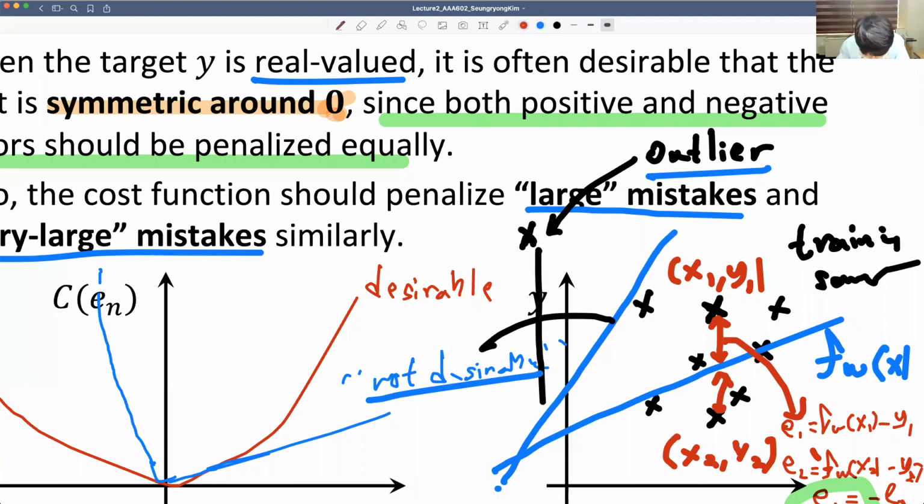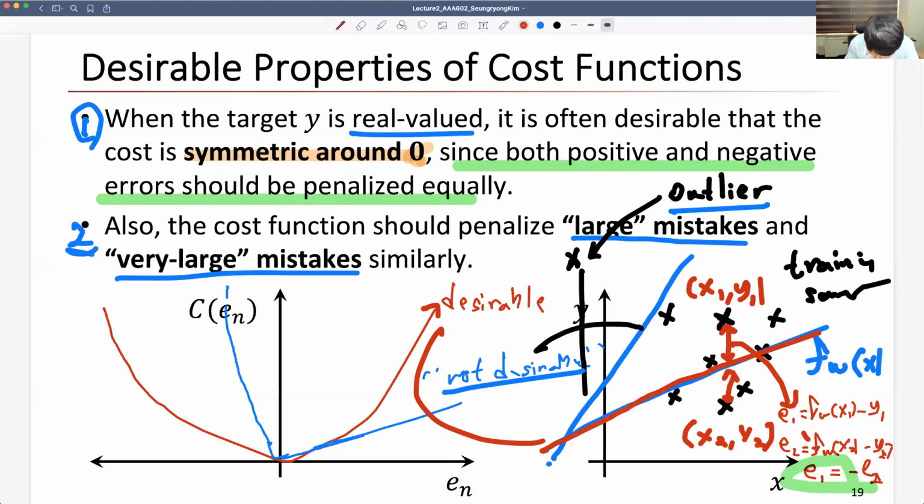Our desirable mapping function should be something like this one. So it means that our cost function should penalize the large mistake, something like this one, and the large mistake here, and very large mistake, something like this one, similarly or equally, right? So this is the second desirable property of the cost function.